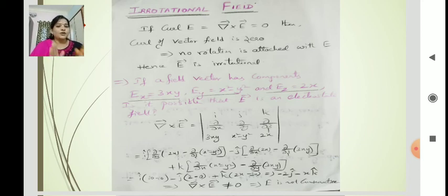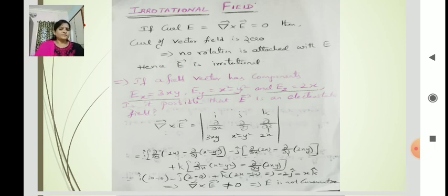In order to say that it is an electrostatic field, we have to prove that it is a conservative field. If del cross E is equal to 0, then it is said to be conservative. If it is not 0, then it is not conservative, and we can say that the electric field associated with these components is not conservative.